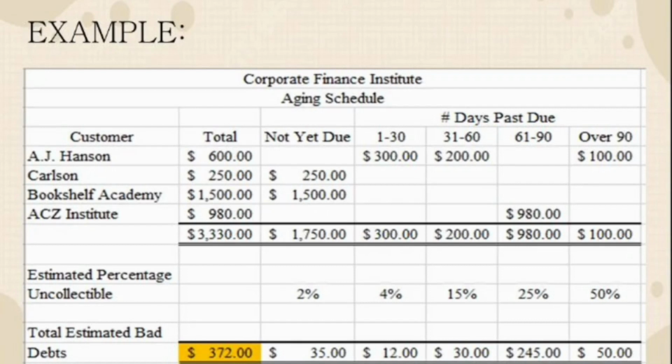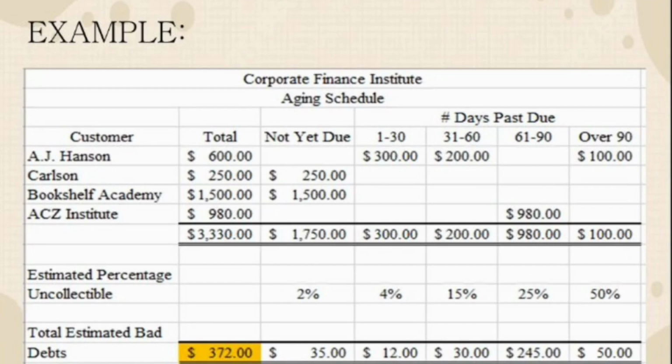So, naa silay utang. Si AJ Hansen is $600 and Carlson is $250. Si Bulk Shelf is $1,500 and kang ACZ Institute is $980.